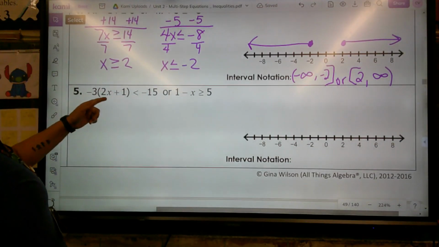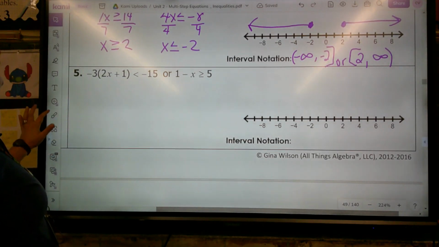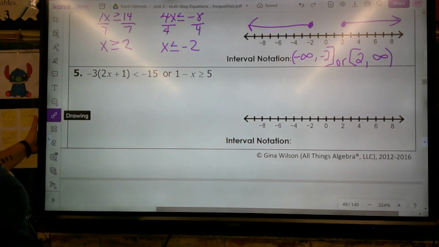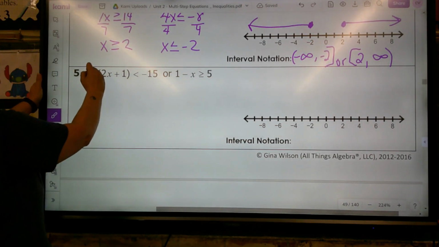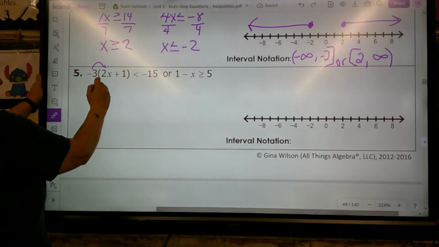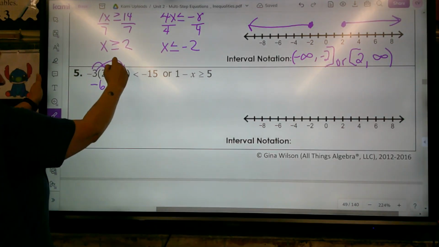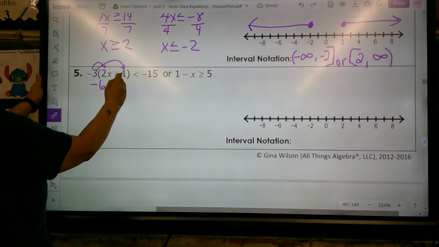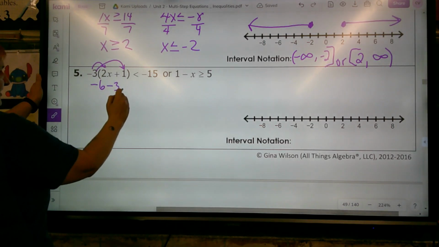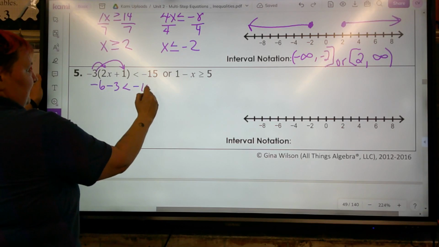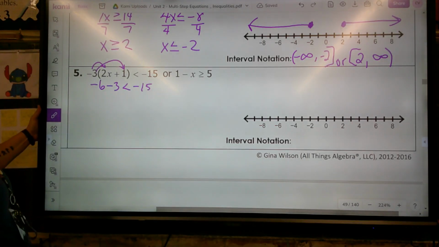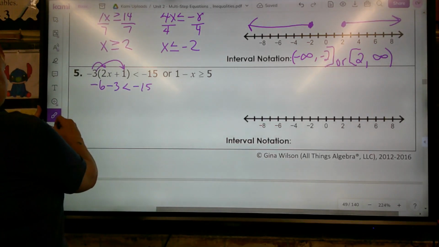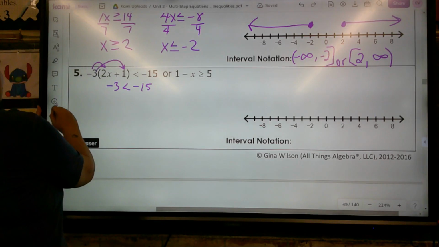It doesn't matter how complicated they make the problem, you just keep going. This one, because it has parentheses, you're going to distribute first. Don't lose the negative sign. Negative 3 times 1 is negative 3. Once the parentheses are gone, solve. Oh, I lost my x. Where's my x? Should be negative 6x.